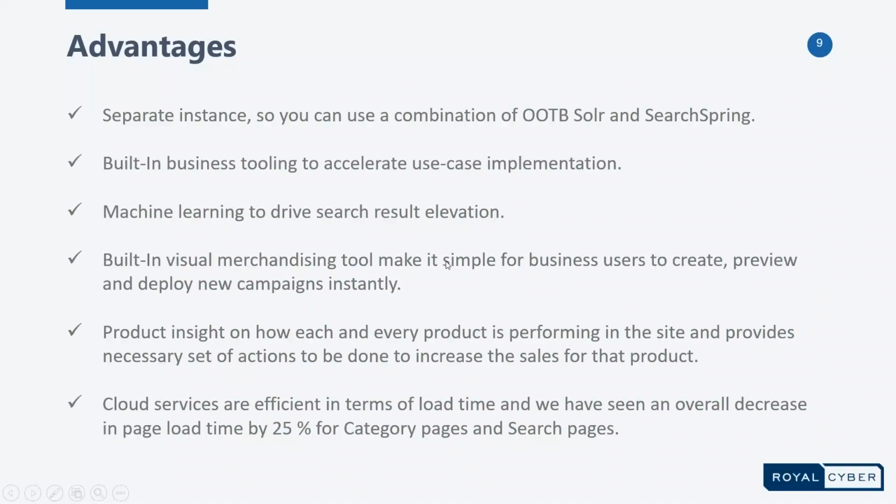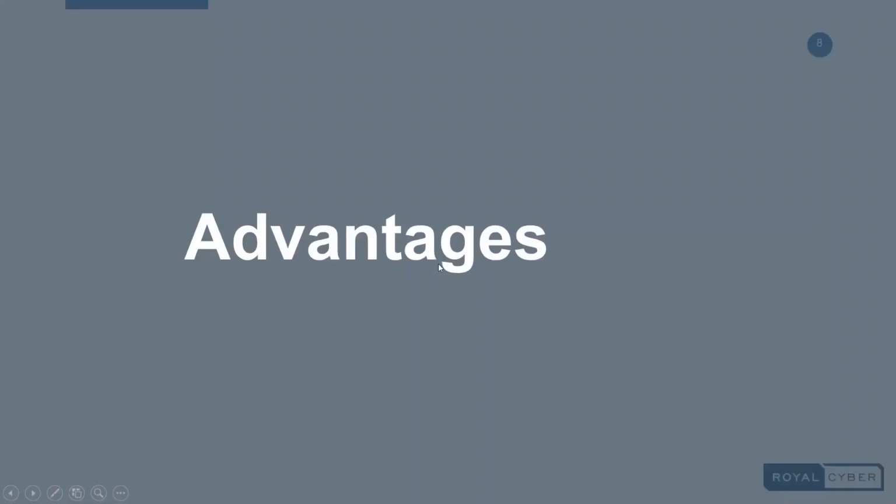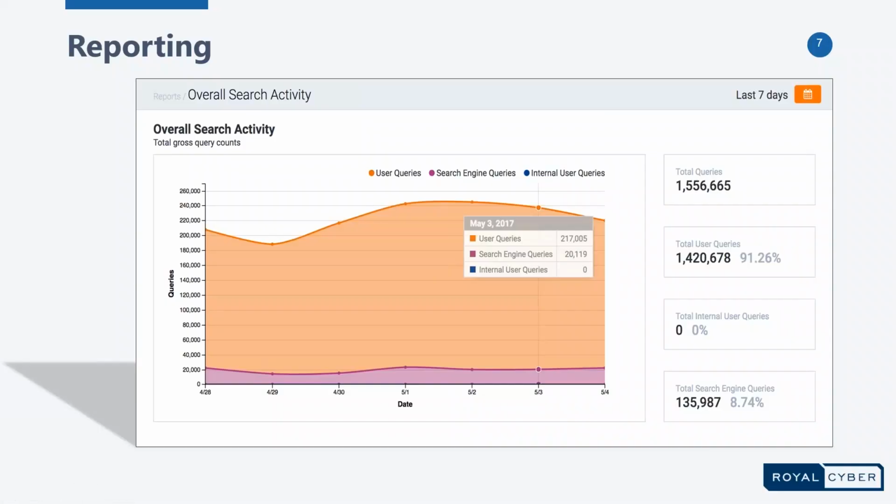Just to add a little bit here to what Josefa has been mentioning about the features. While some of you might be wondering whether some of these features might be available on SFCC using Einstein as well, I just want to highlight that SearchSpring works as a separate instance outside your existing e-commerce platform.